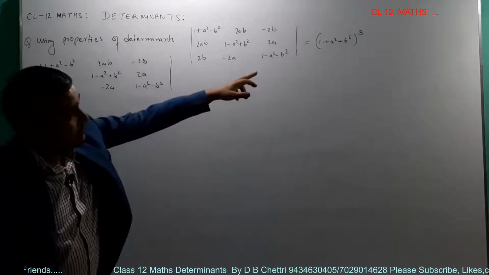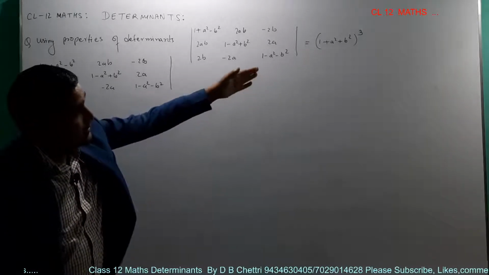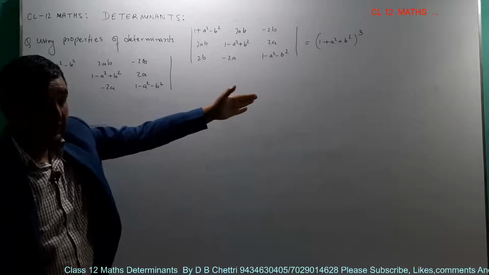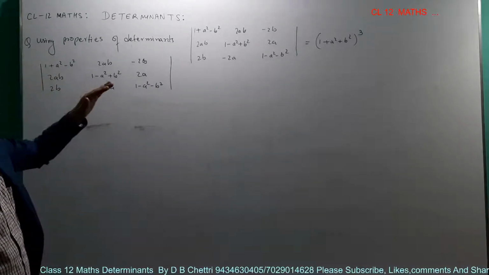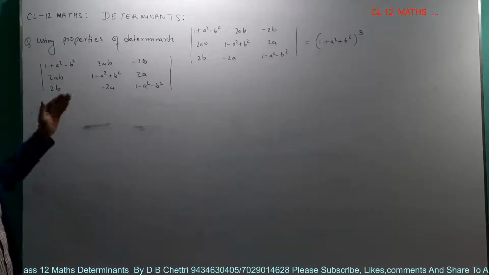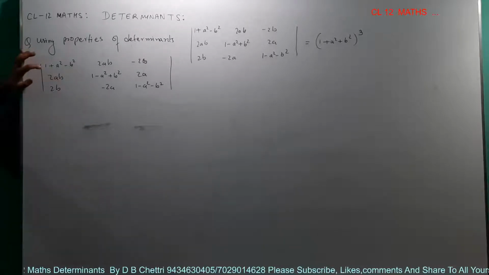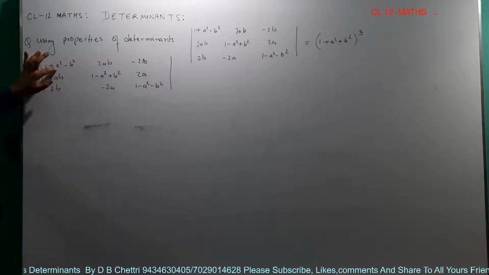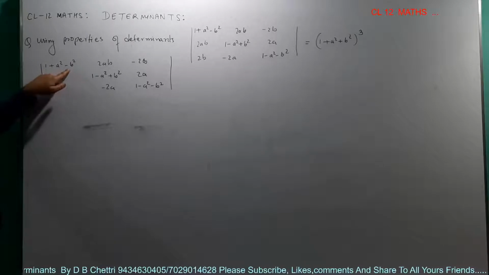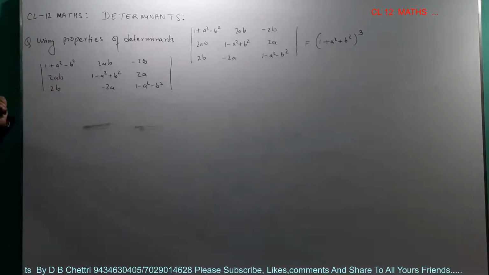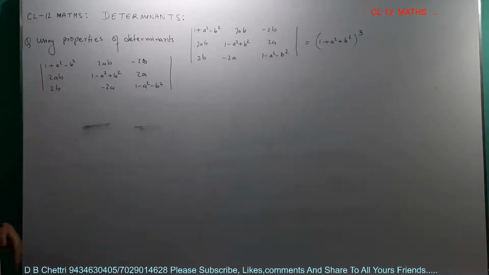On the right hand side, 1 plus a square plus b square is there. Can we find 1 plus a square plus b square by using any operations here? Now look: 1 plus a square is there, but plus b square is not there. What is there? Minus b square is there. Then how to make it plus b square?